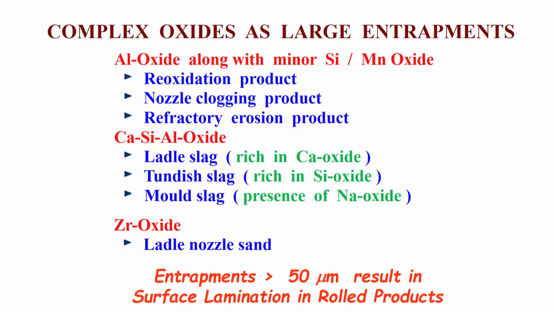complex oxides which are known as large entrapments, whether it is a reoxidation product, nozzle clogging product, refractory product, or entrapment of slag or ladle nozzle slag, and normally these are relatively larger in size, more than 50 micron, sometimes more than 100 micron. So, they cause quality problems, they cause defects.